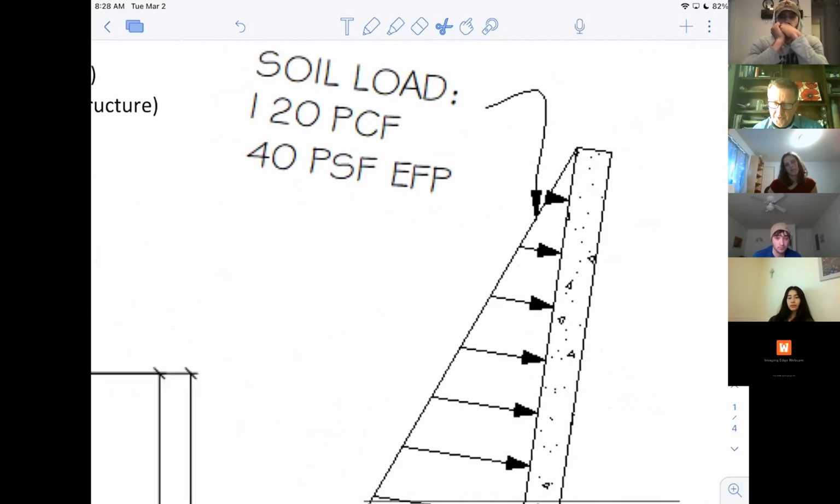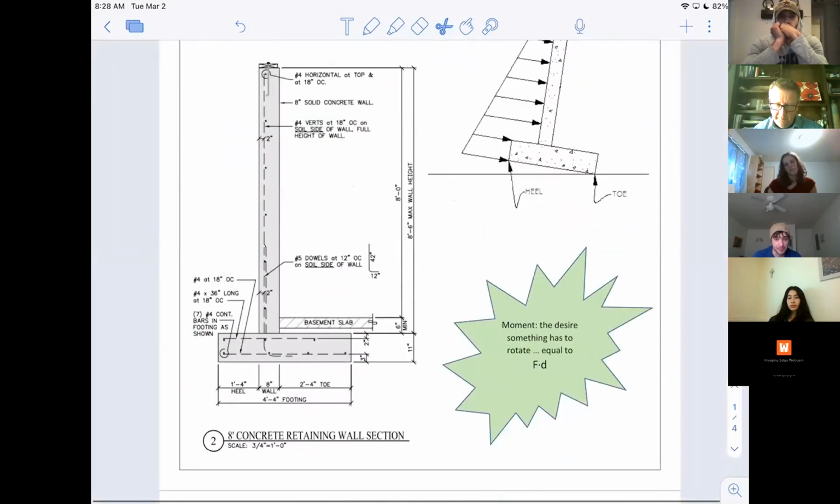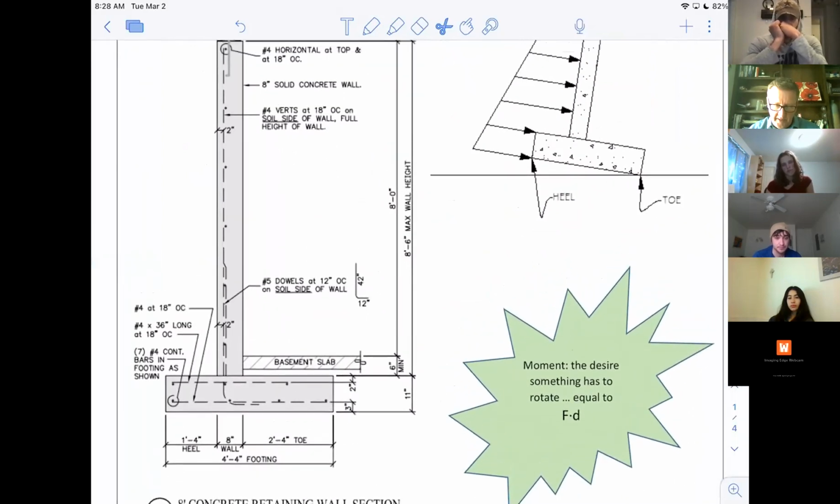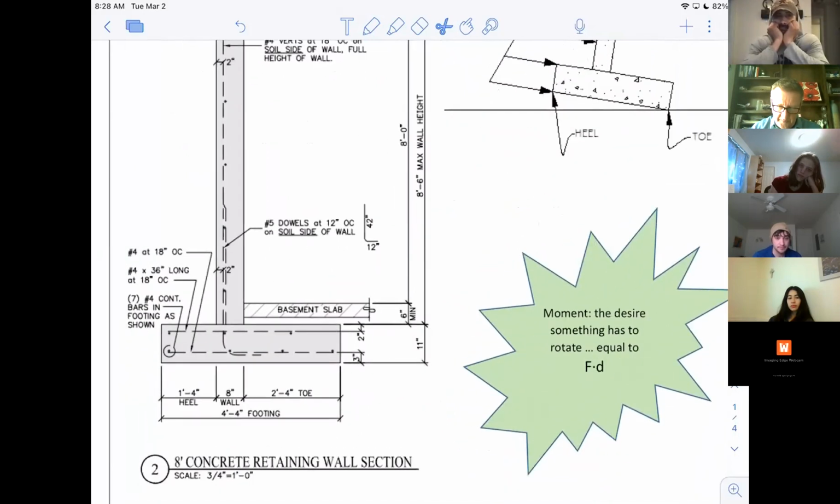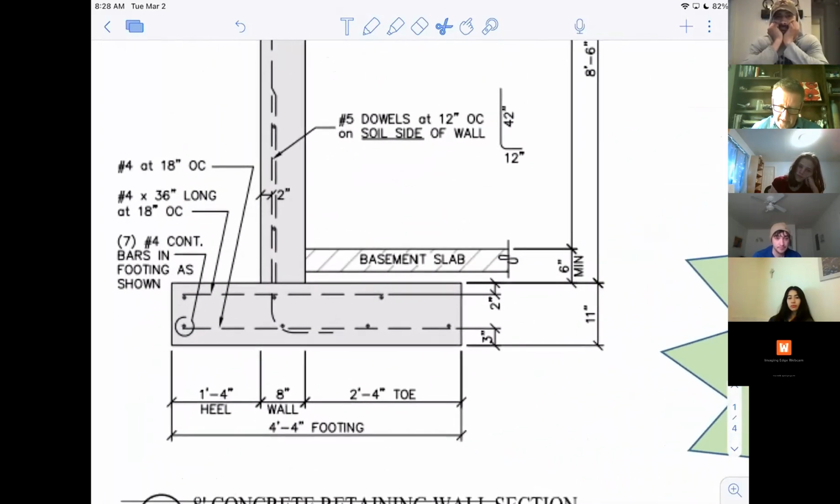So let's take a look at this picture. I'm not going to go into it, but this is a house I designed not too long ago, and this is what the engineer sent for the design of the wall. I'm not going to take the time to go into what the rebar is doing and all that, because this isn't an engineering class. But I want you to notice this footing down here.